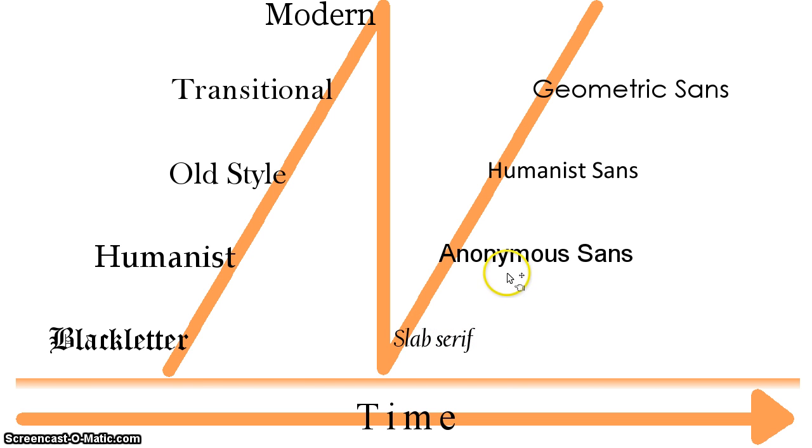Then it changes to sans serif, where there are no more serifs on the bottom of the letters. The last one is geometric sans, where you can see the G, the E, and the O are really circular, really round, and it eventually grows into that.